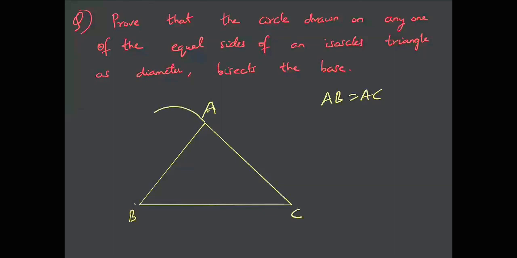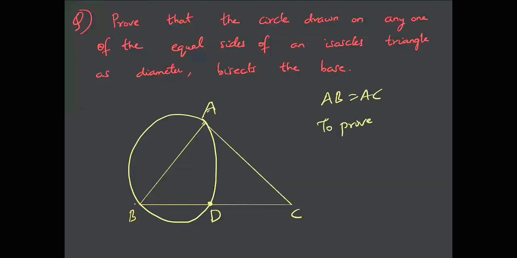Say this is a circle with AB as diameter. Okay, so let us say this cuts BC at some point D. So you need to prove that this bisects BC, that is BD is equal to DC. This is what you need to prove. This is an isosceles triangle. Okay, so this is a circle with AB as diameter.